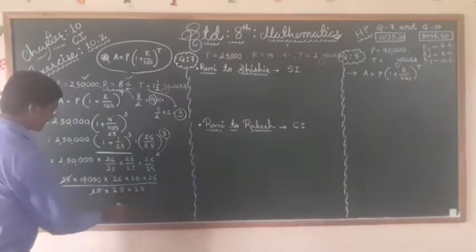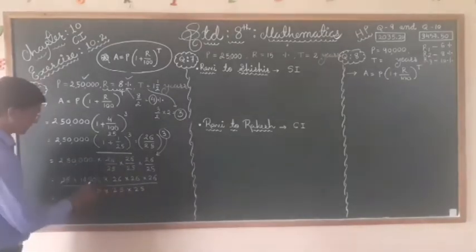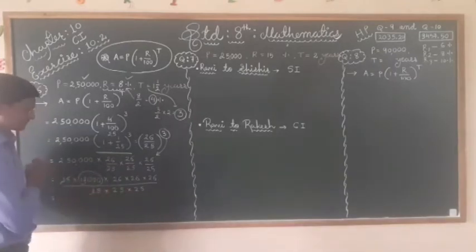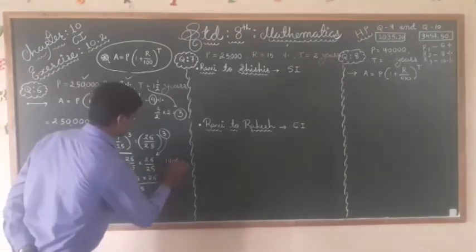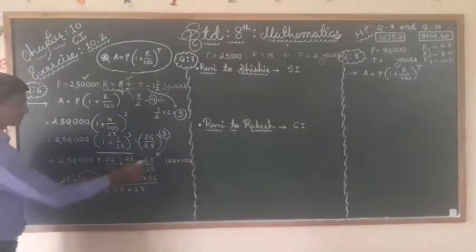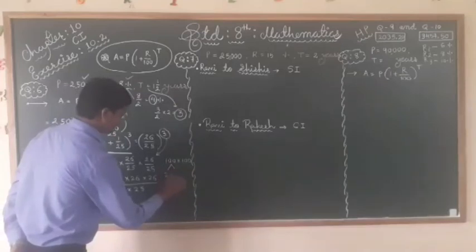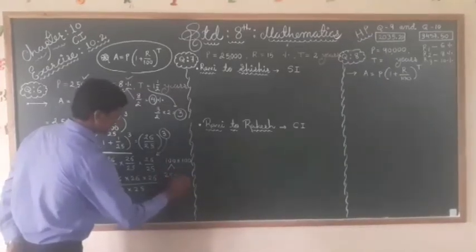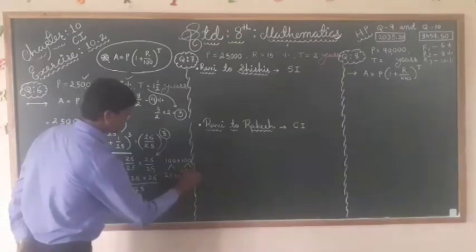Here if you do simplification, I am still making this simple. 10,000, so here 100 multiplied by 100 I can do. Okay, I am doing this step, 100 multiplied by 100. So here 25 into 4, and here also 25 into 4 again.